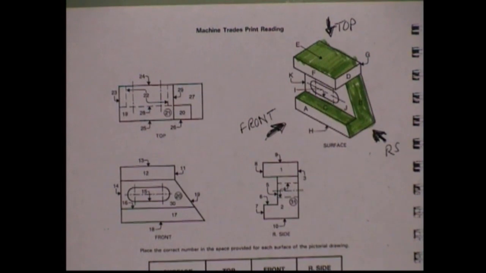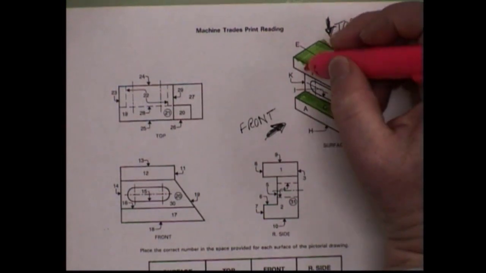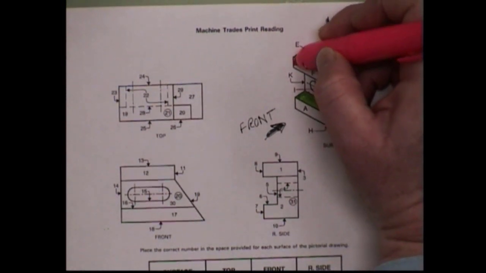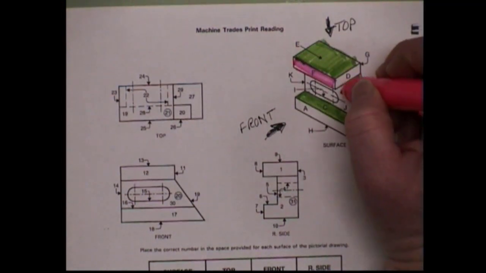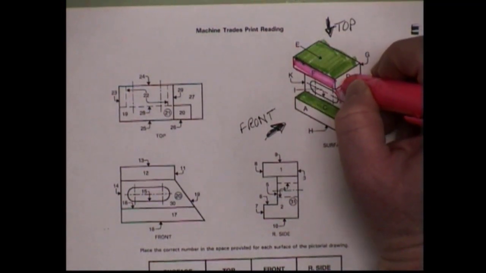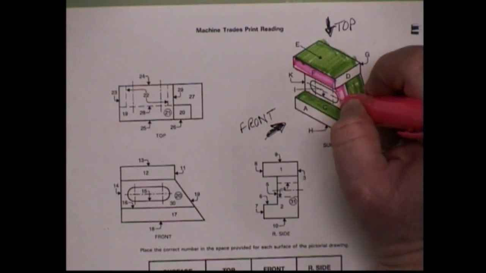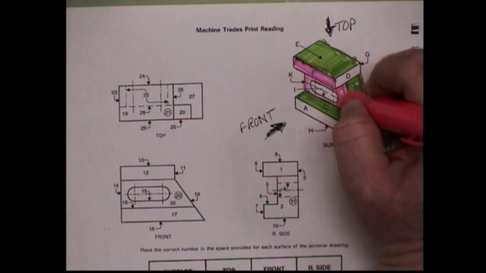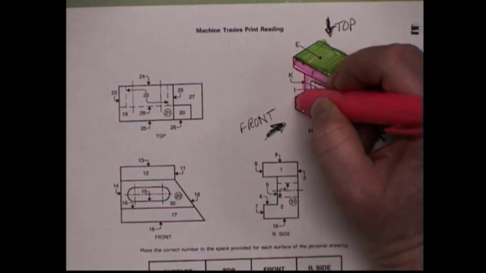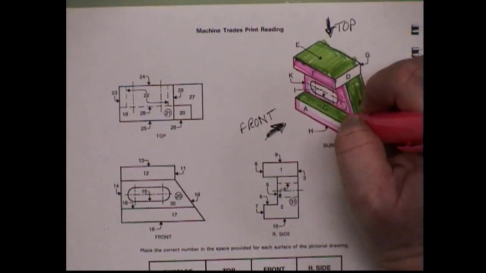Okay? Now let's look at the front view. Are we going to see F in the front view? We will. And then J, which is like this big surface with the slot cut out. And we'll see that in the front view. And we'll also see A in the front view.